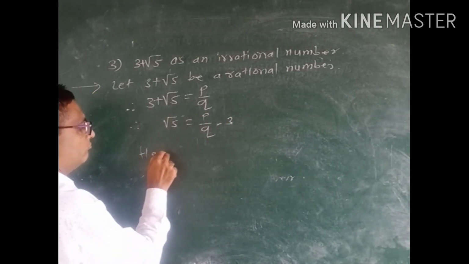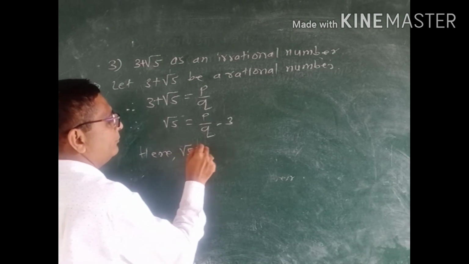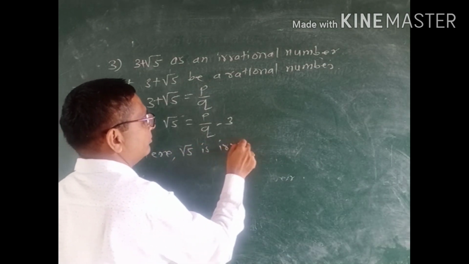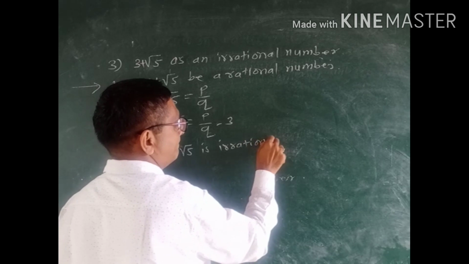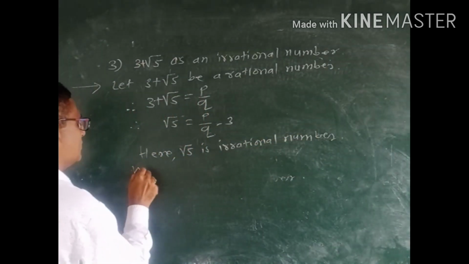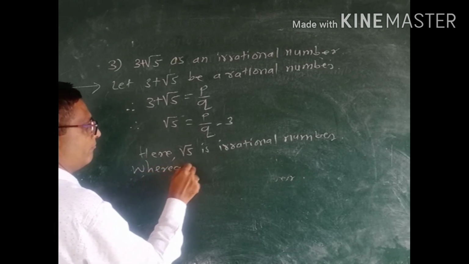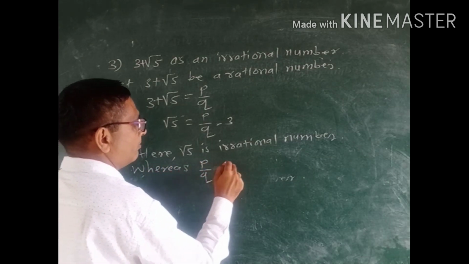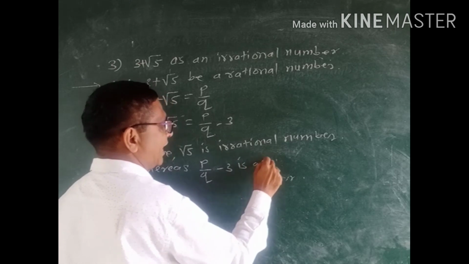Here, under root 5 is an irrational number, whereas p upon q minus 3 is a rational number.